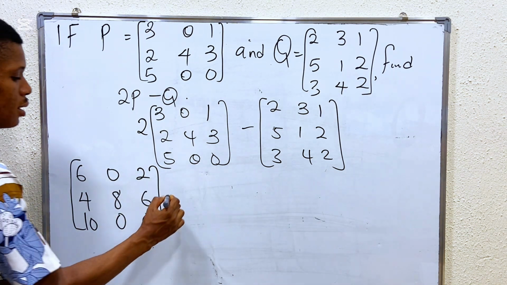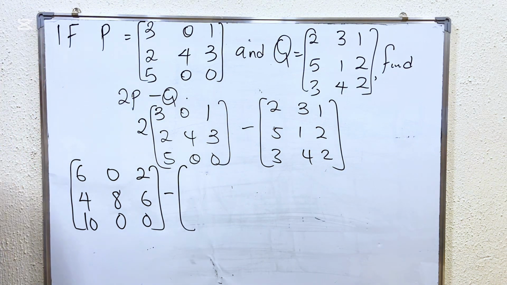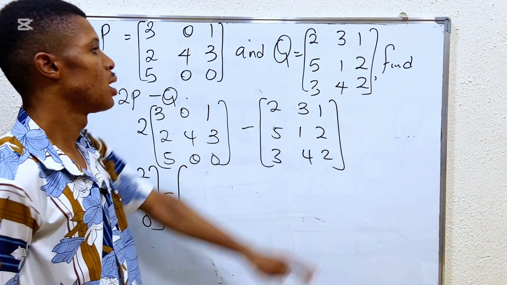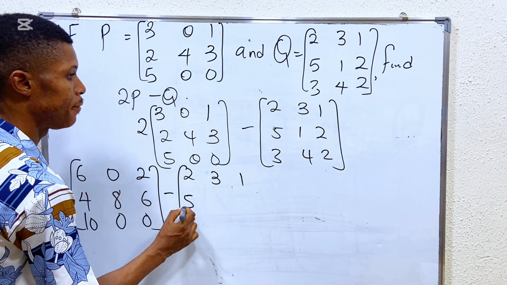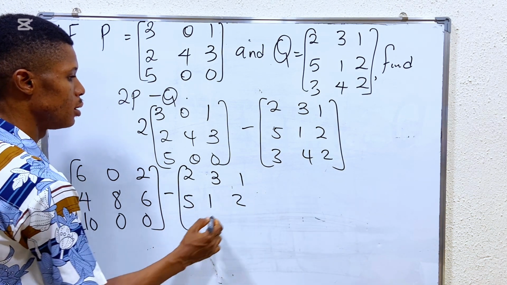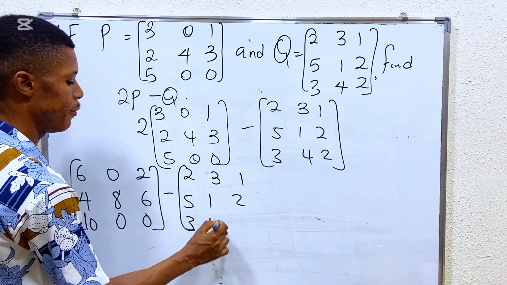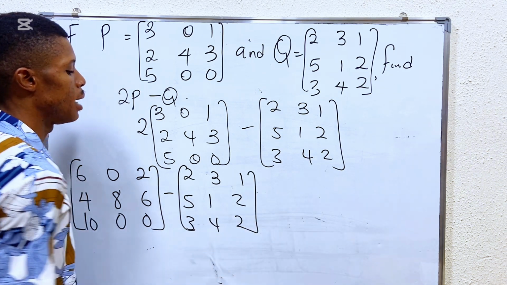This is the matrix minus another matrix, which is matrix Q now, a matrix of 231, 512, and 342.